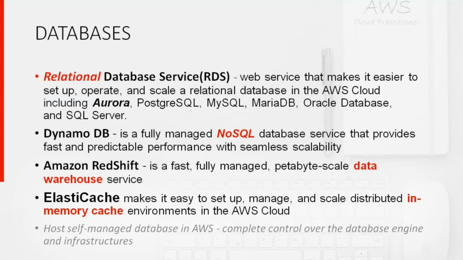Amazon Redshift is a fast, fully managed, petabyte scale data warehouse service. ElastiCache makes it easy to set up, manage, and scale distributed in-memory cache environments in the AWS Cloud. Host a self-managed database in AWS for complete control over the database engine and infrastructure.